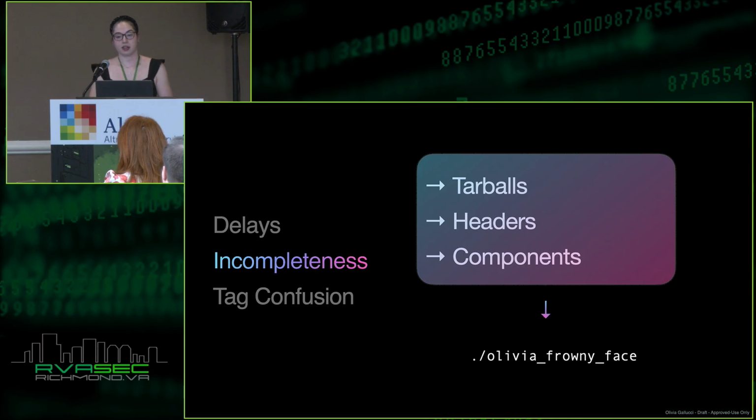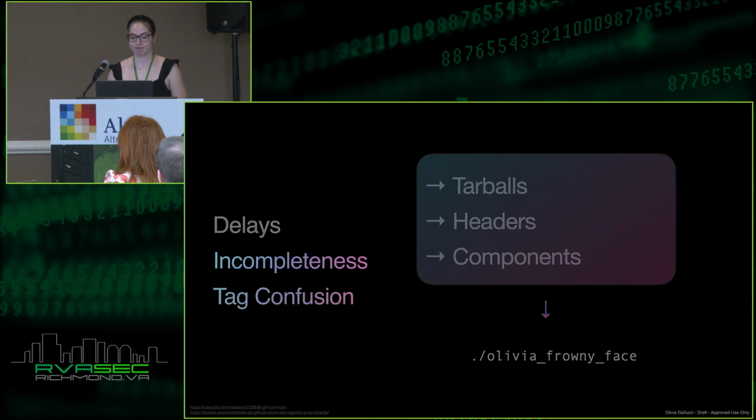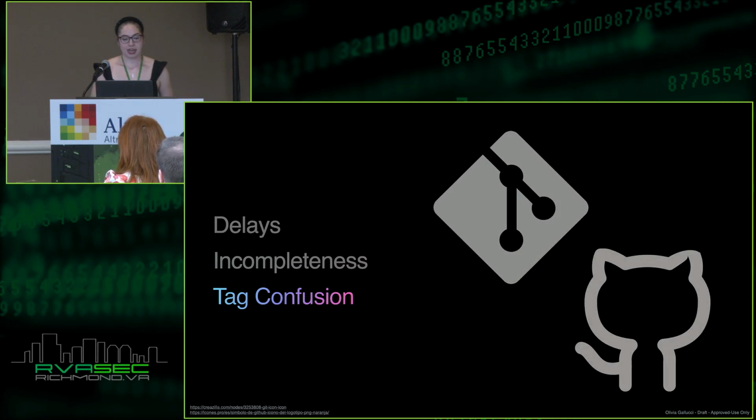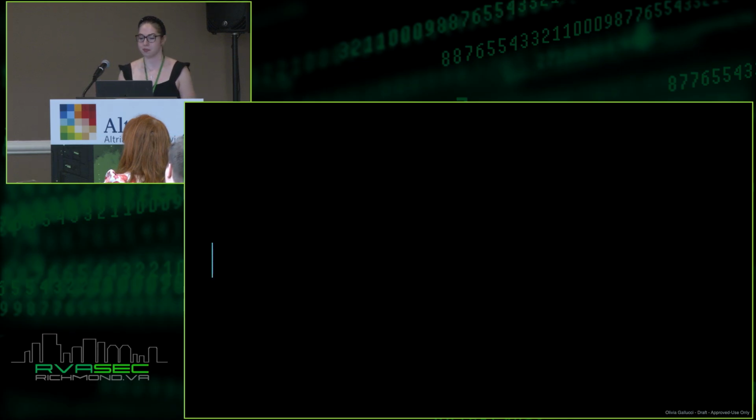Some tarballs are missing files, headers reference code that's just not there, and then entire components like Core Foundation or newer launchd builds are just MIA. And then lastly is tag confusion. Tags like xnu-8786... mean nothing unless you know how to decode them. And that's why learning how to map Git tags, learning general project structures, and also just knowing how to use Git and GitHub in general is really important in these situations.